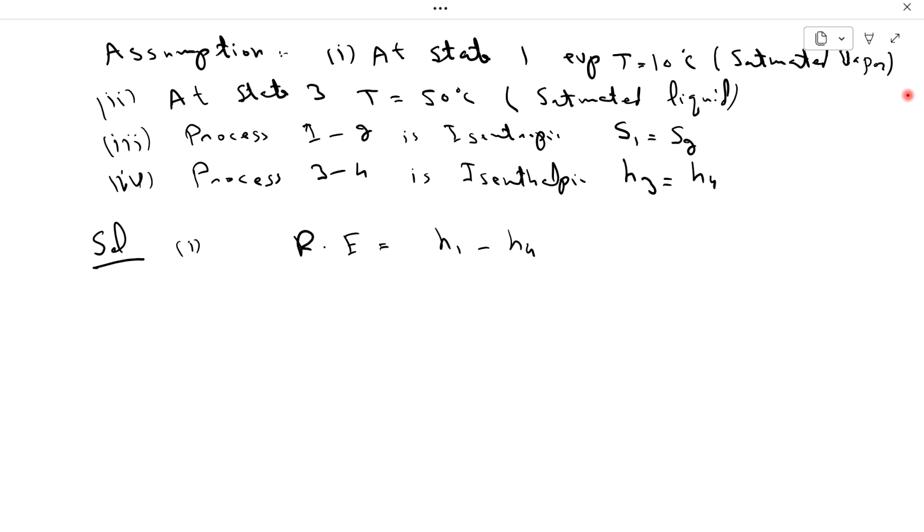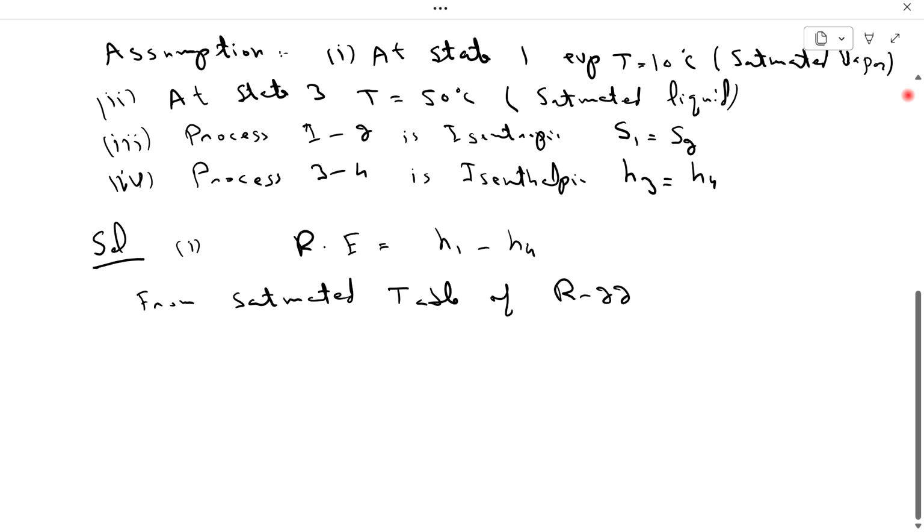So from the saturated table of R22, at temperature T1 equal to 10 degrees centigrade, H1 is equal to Hg because this is the saturated vapor point.